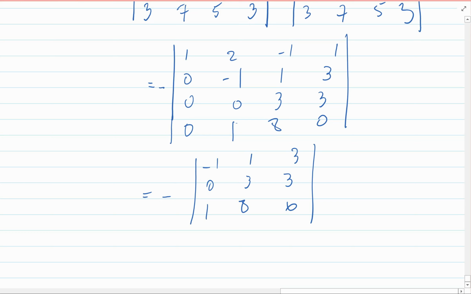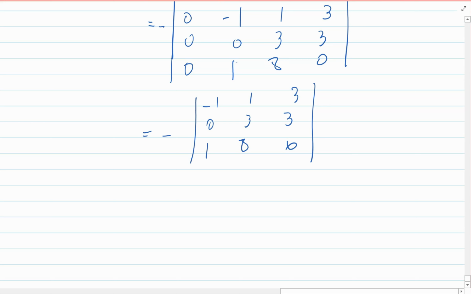So let us take the last row plus the first one. 1 plus 1, 0. 8 plus 1, 9. 0 plus 3, 3.